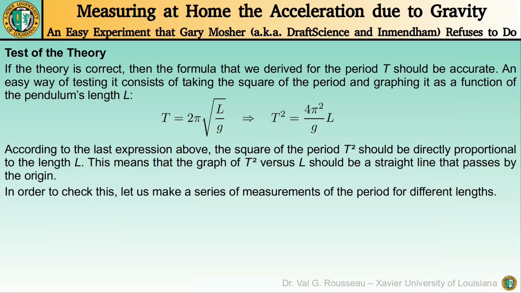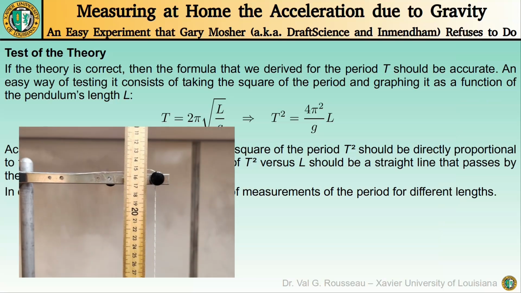Thus, all we have to do is a series of measurements of the period for different lengths, and if the graph of T² versus L is a straight line that passes by the origin, then the experimental data will support the theory. In this case, in addition, the slope of the line will be directly related to the value of g.